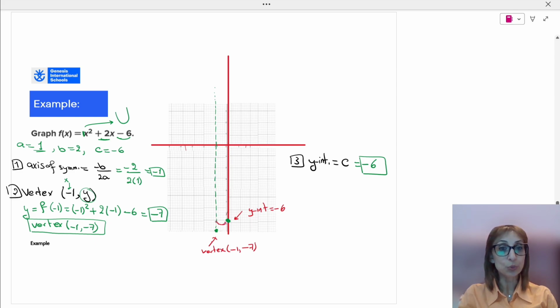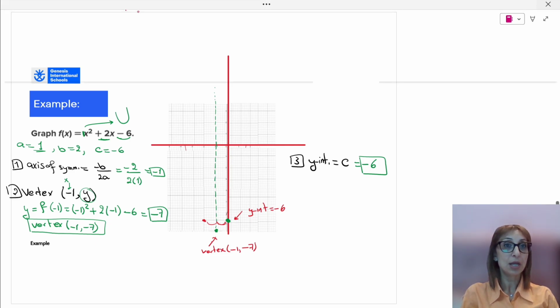So I'm going to count 1 unit to the left and put the image of the y-intercept on the left. So now I have 3 points: the vertex point, the y-intercept, and its image. This is the image of the y-intercept.